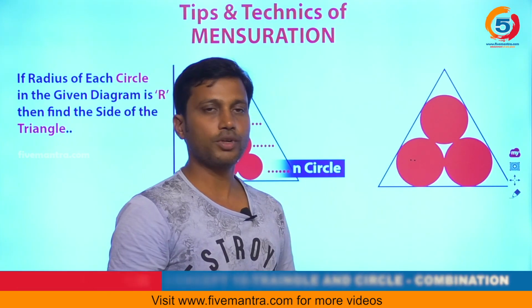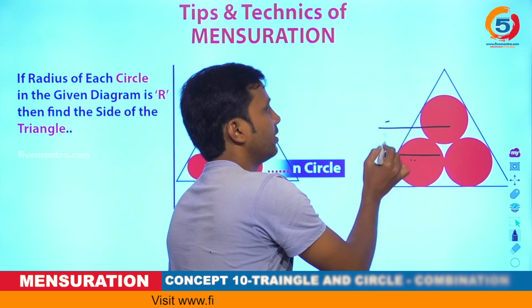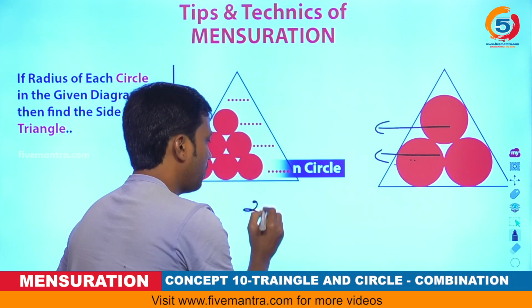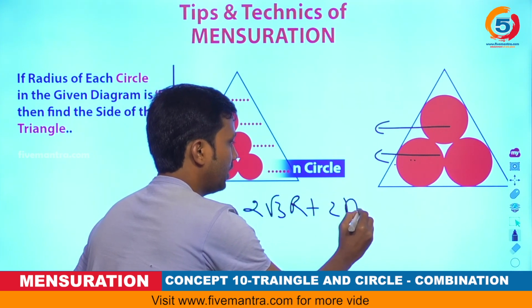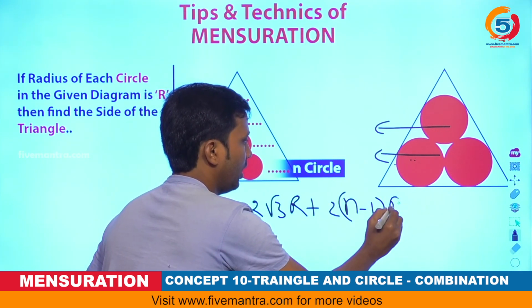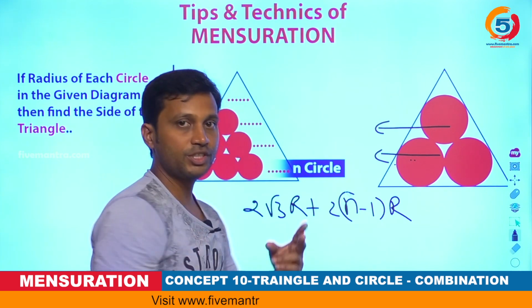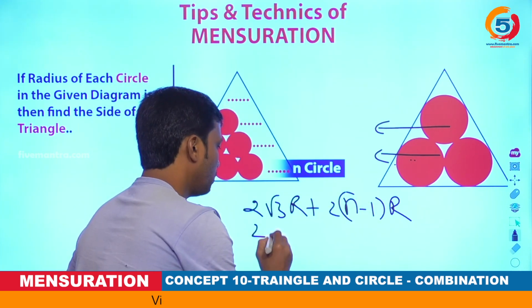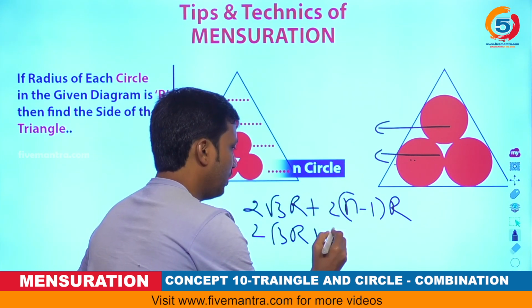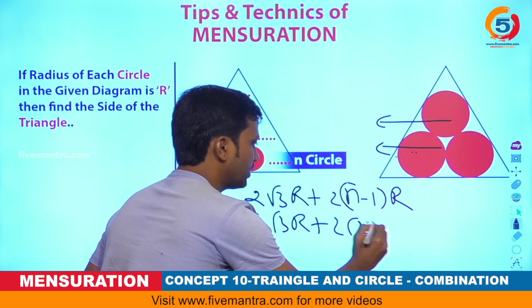When we take n equal to 2, meaning 2 rows, then in this formula n would be equal to how much? 2. So we can put here 2 root 3 R plus 2 into (2 minus 1) R.